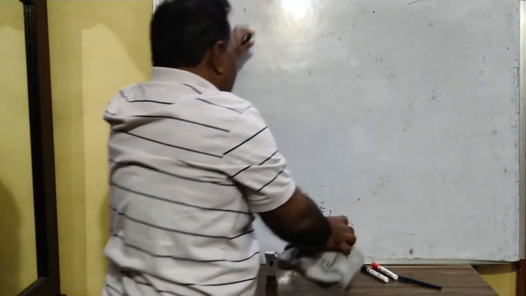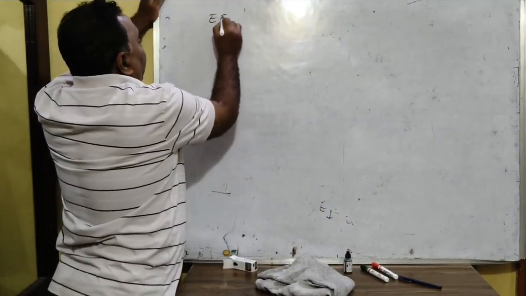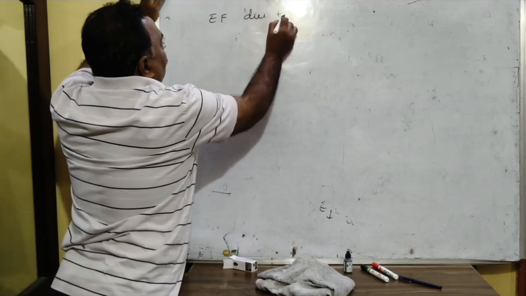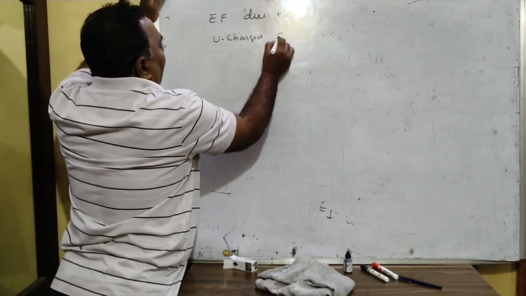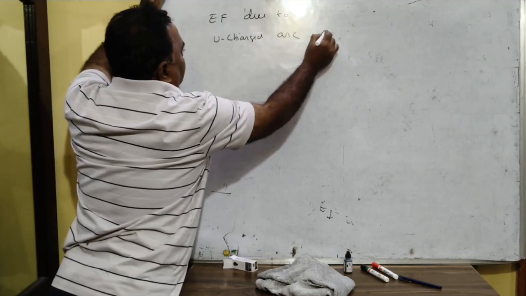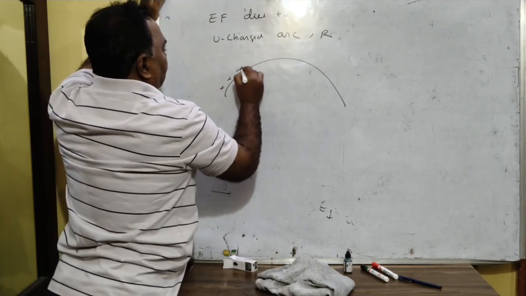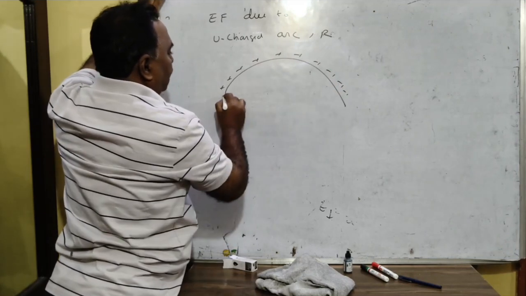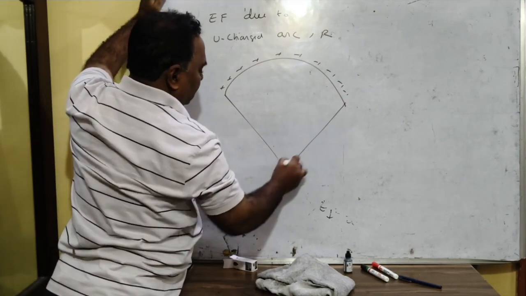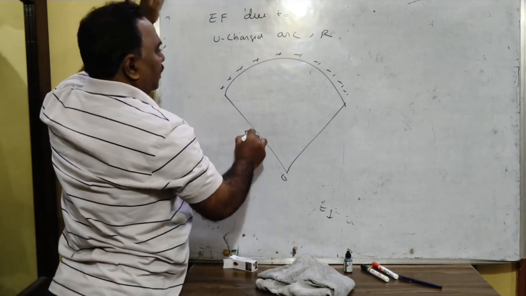Now see, for example, the electric field due to a uniformly charged arc of radius r. Let this be the uniformly charged wire, and its center will be somewhere here. This is the arc, and the radius is r.